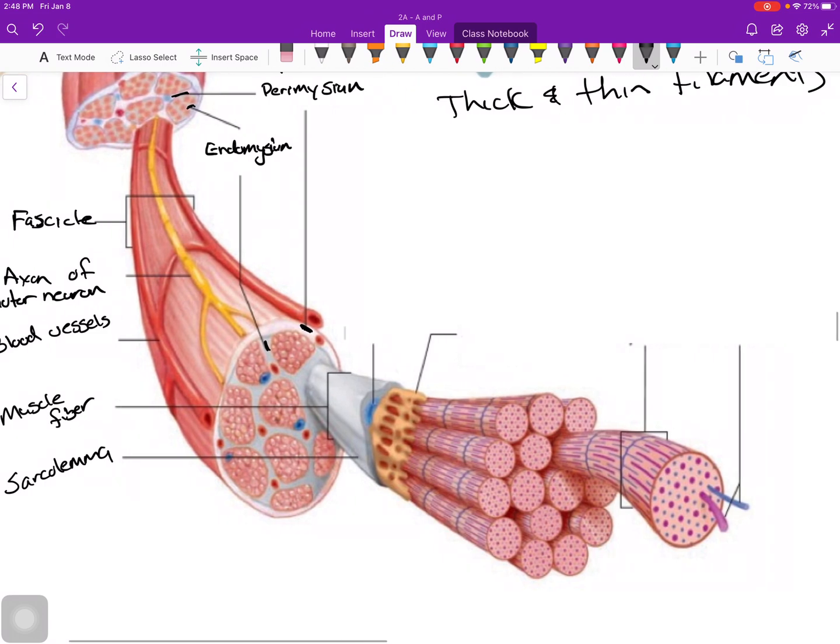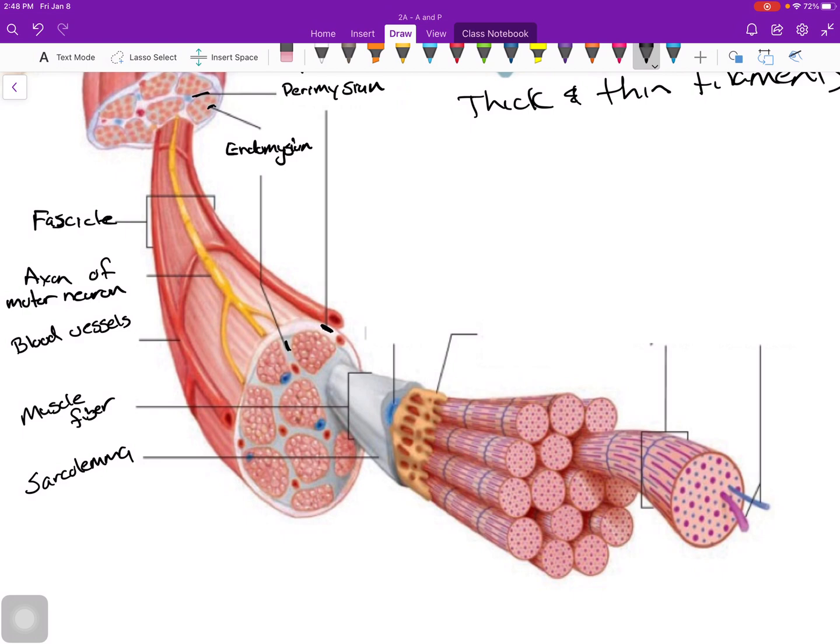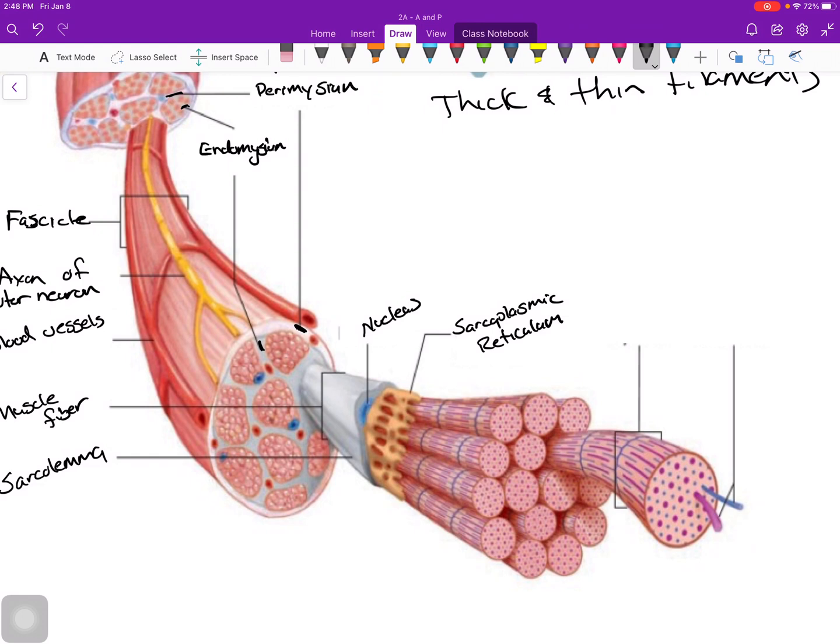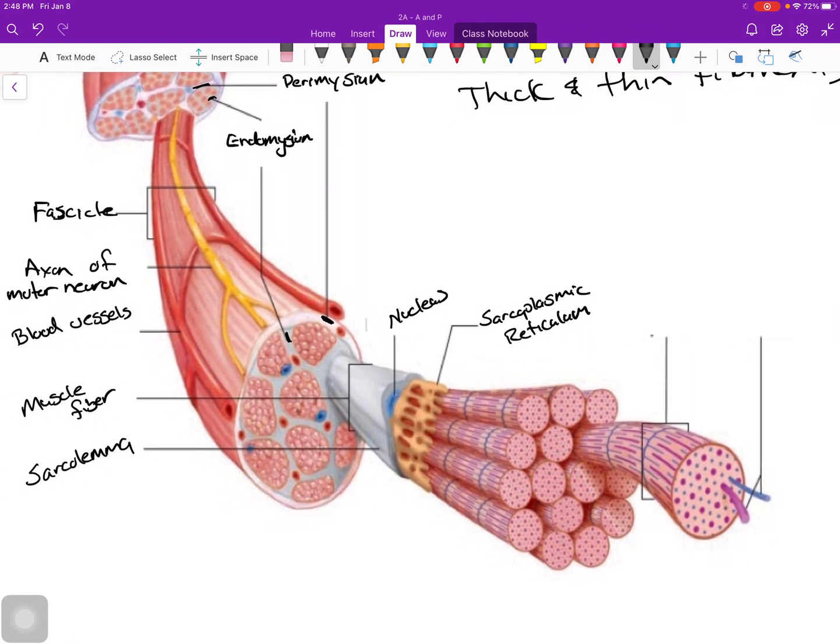All right, now, moving over here as we go deeper into the cell, you will see several nuclei here, but in this case, this is the nucleus. This is a skeletal muscle nucleus, and they are multinucleated. Now, you can see this endoplasmic reticulum, which we refer to as the sarcoplasmic reticulum. All right, now we get here to this unit of part of the muscle fiber being the myofibril.